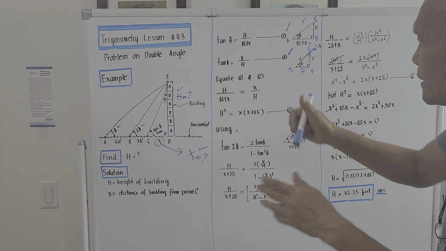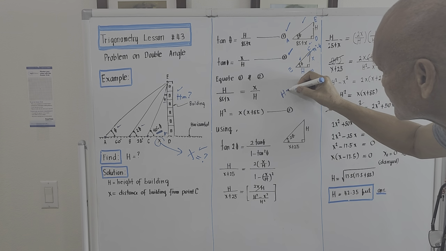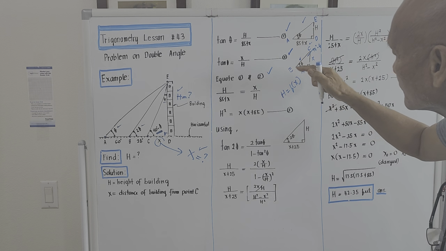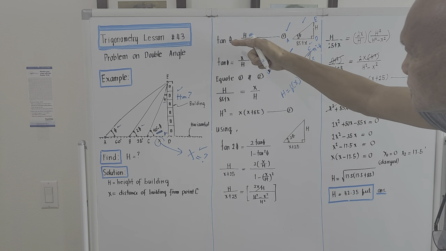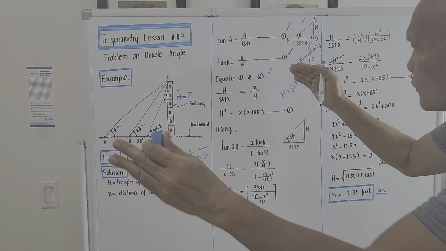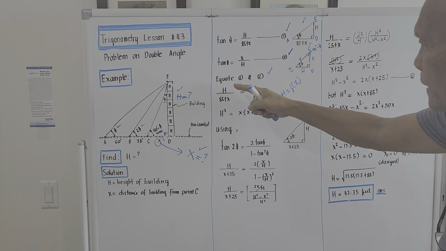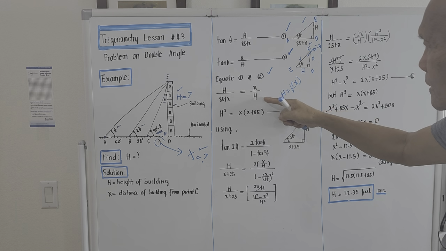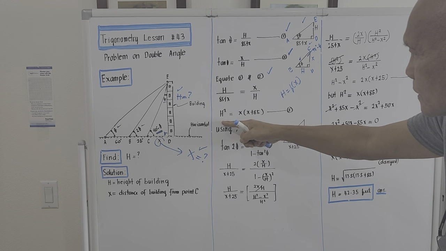Okay? So to take the relationship of h as a function of x, we equate equation number 1 and number 2. This tangent theta and this tangent theta are the same, so we could equate them. So tangent of theta for the first one will be h over 85 plus x equal to x over h. Simplifying, cross multiplying, h times h will be h squared.